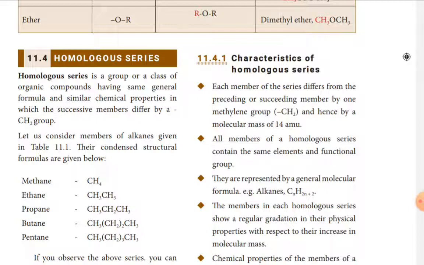Second point, all members of the homologous series contain the same elements and functional group. If we take a particular family, they contain the same elements and the same functional group. The number of atoms will differ.